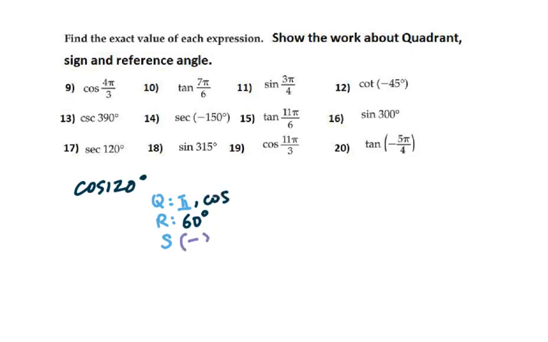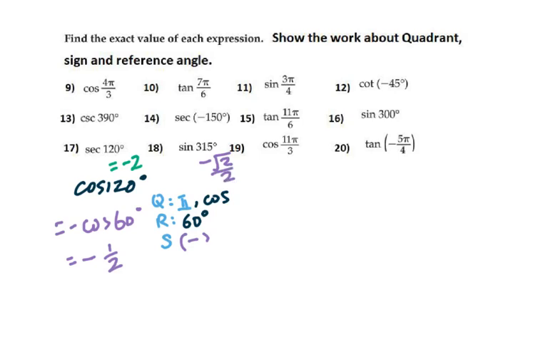That's a negative. So I can write down negative cosine 60 degree. Means negative 1 over 2. When I flip, I will get negative 2 for secant 120. We do the same thing for 18. You will get negative square root of 2 over 2.